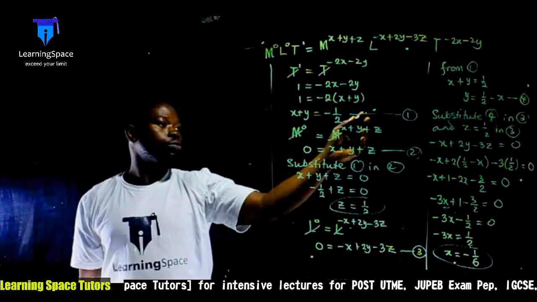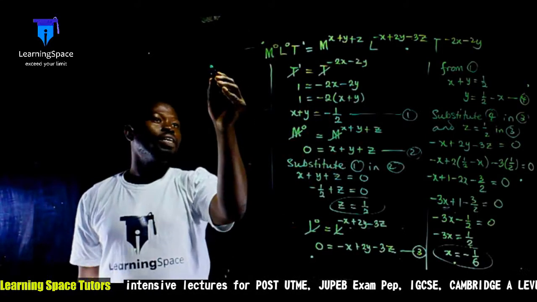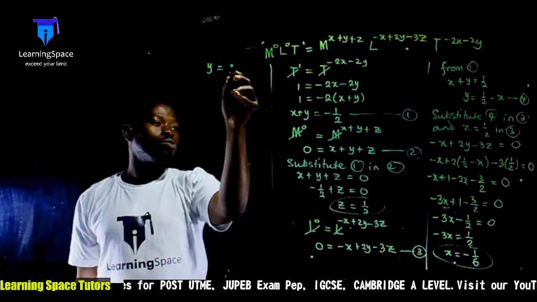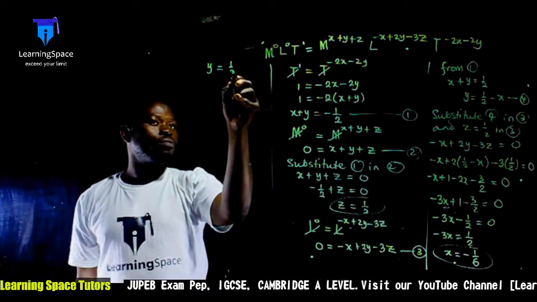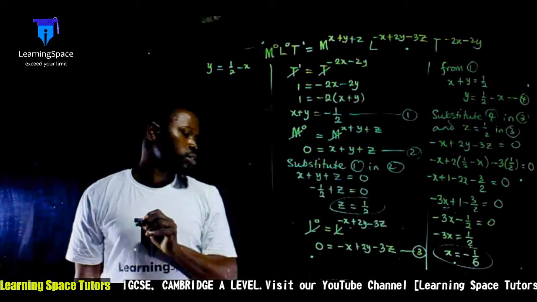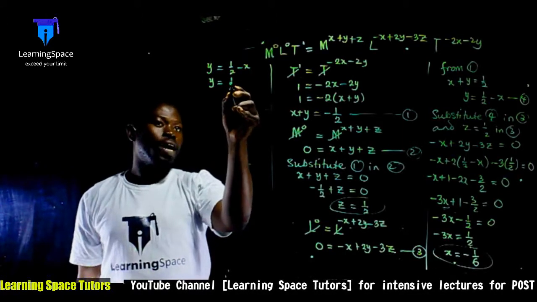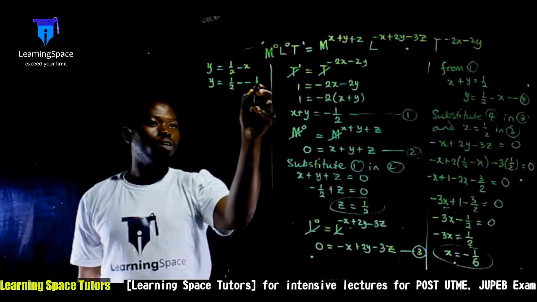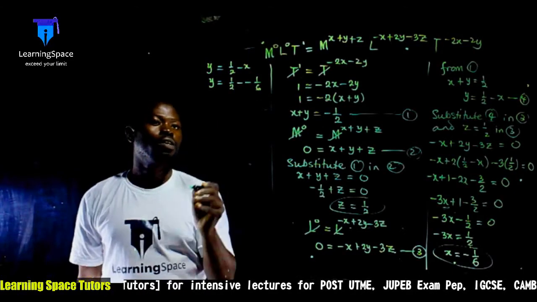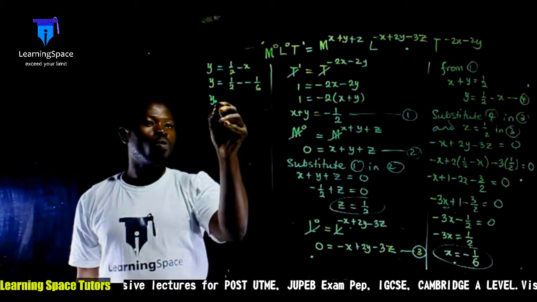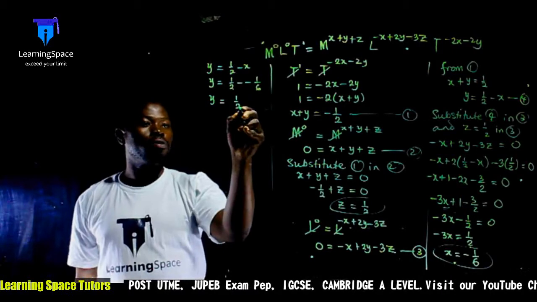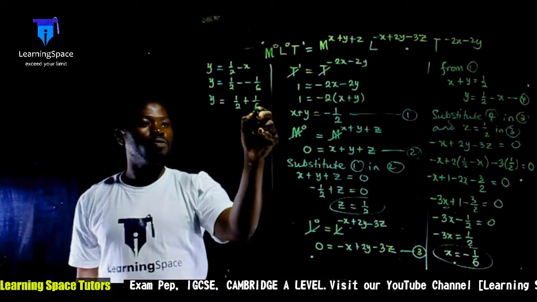From equation 4, we have y equal to half minus x. So if you substitute the x value here, we have half minus minus 1 all over 6. So we have y is equal to half plus 1 all over 6.